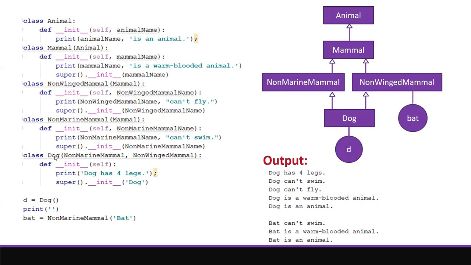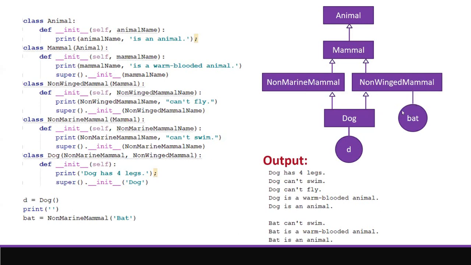And dog extends both non-marine mammal and non-wing mammal. Then create one object called d-dog, and then you can print. And bat actually is one kind of non-wing mammal. Wait, sorry, a bat should have a wing. I'm sorry, but just remember non-marine.